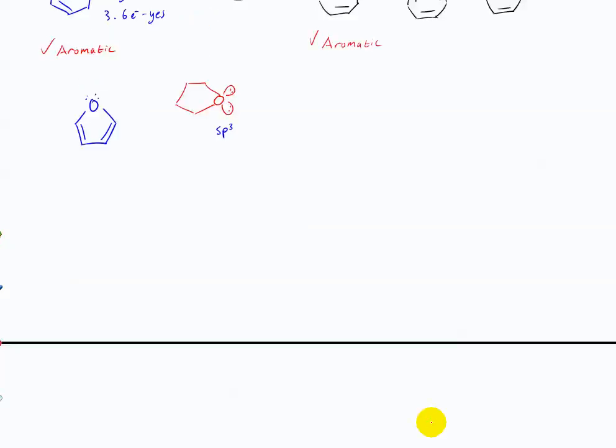But it can also be sp2 hybridized, where one pair of electrons is in the sp2 hybrid orbital, and the other pair of electrons is in a p orbital. Depending on the rest of the molecule, one may be more likely than the other. In this case, the sp2 is more likely because then it can be in conjugation with all the rest of these p orbitals.